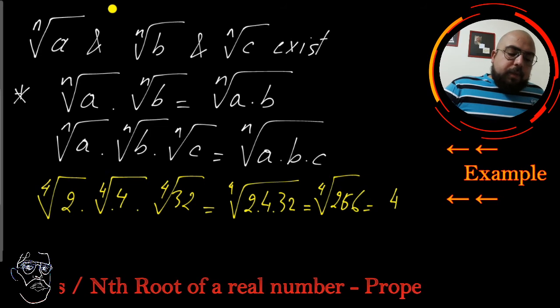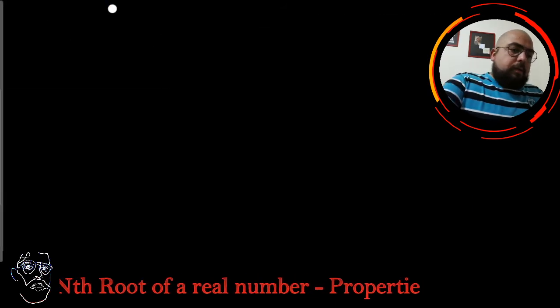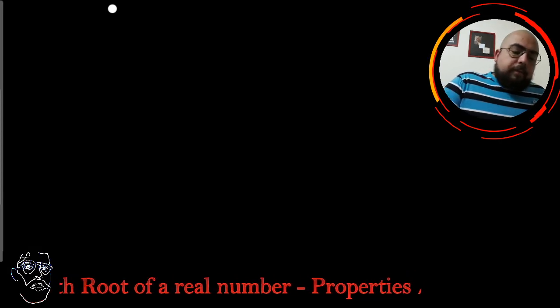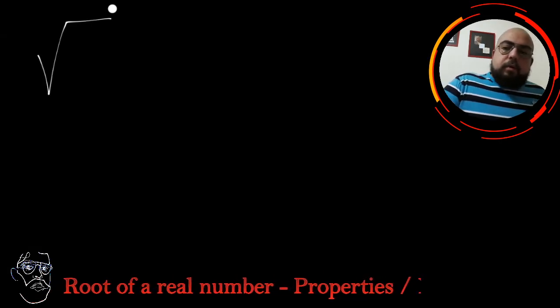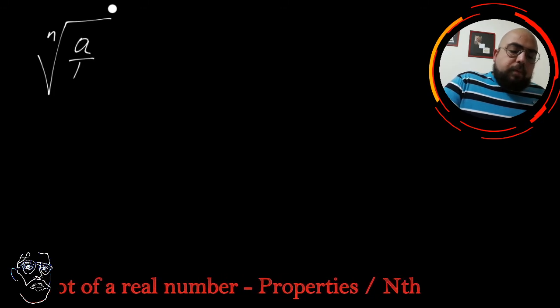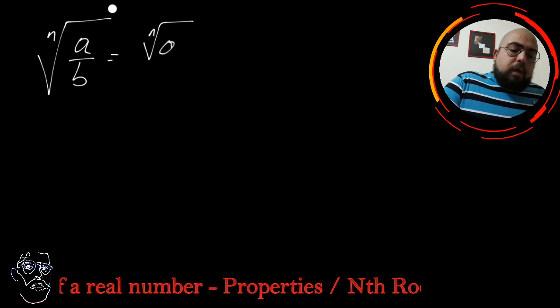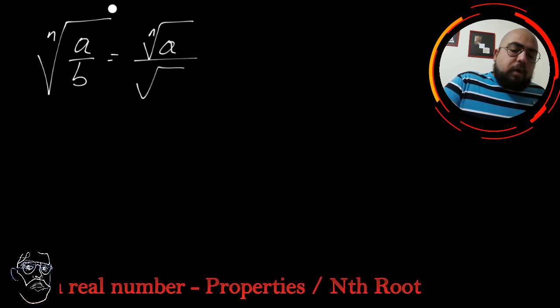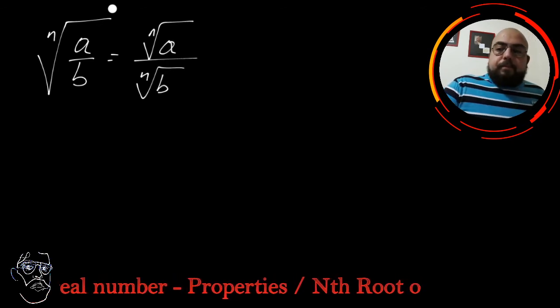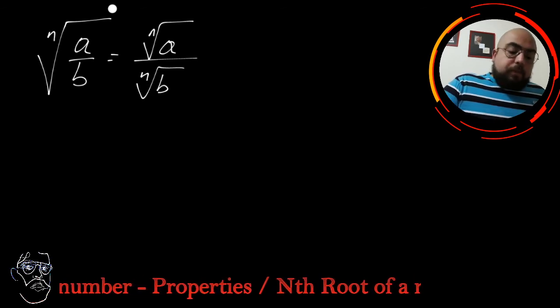The second property: when we have the nth root of a over b, it can be written as the nth root of a over the nth root of b. So let's take an example.